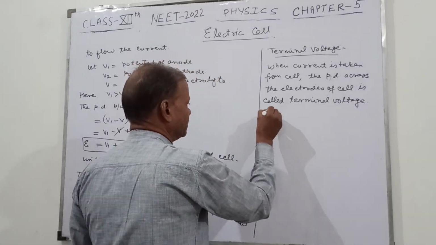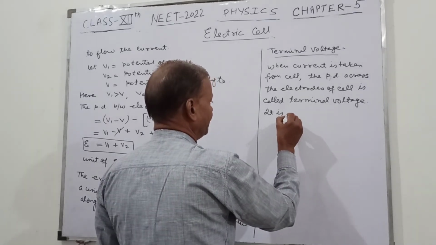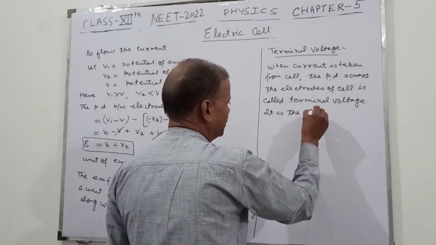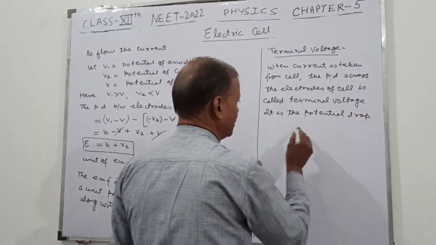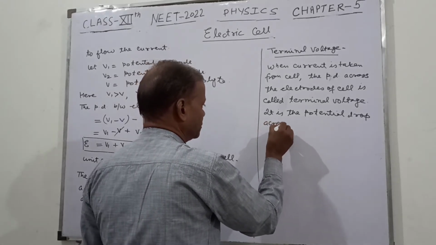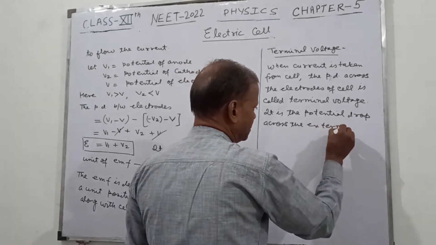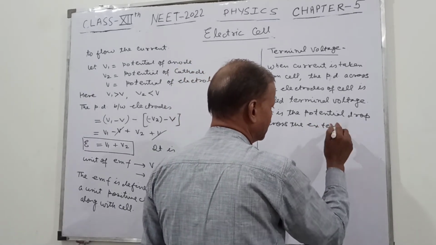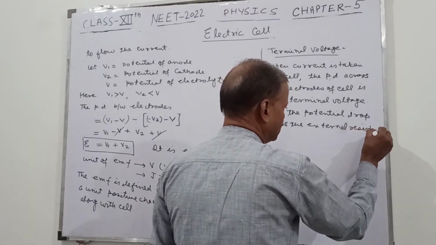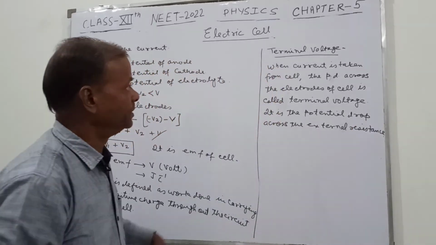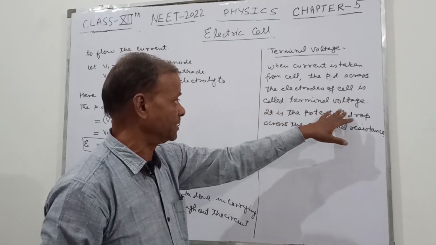It is the potential drop across the external resistance. When the current is taken from the cell, the potential difference across the electrodes of the cell is called the terminal voltage.